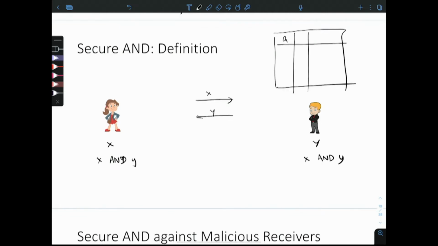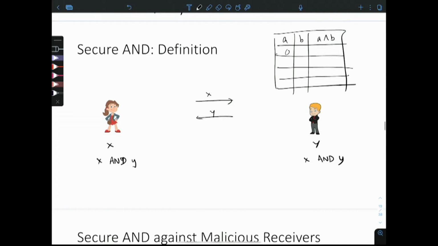You have A, B, A and B. Let's just look at this particular row, for example. When Alice has input 0 and Bob has input 1, then Alice's output, which is A and B, which is 0, actually does not tell her what Bob's input was at all.